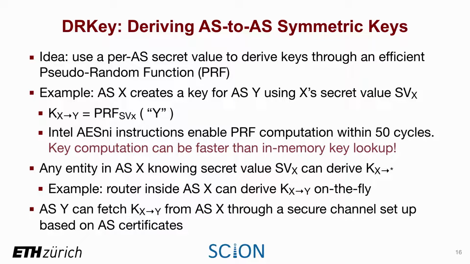So here's an example. We have an ASX that desires to create a shared secret key with ASY, and it has a local secret value that we call SV sub x.